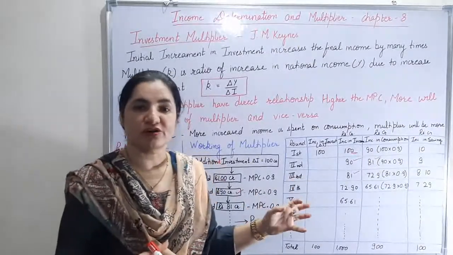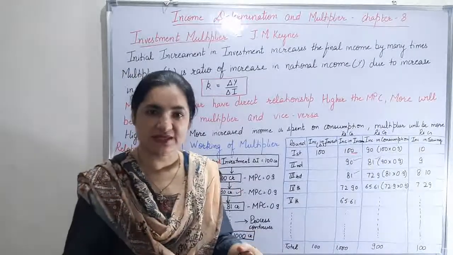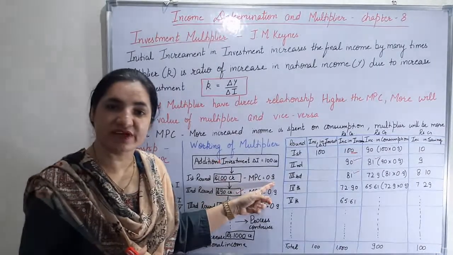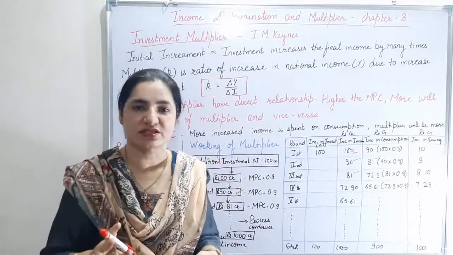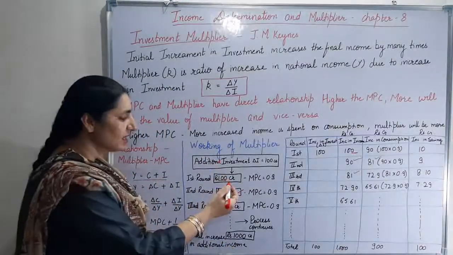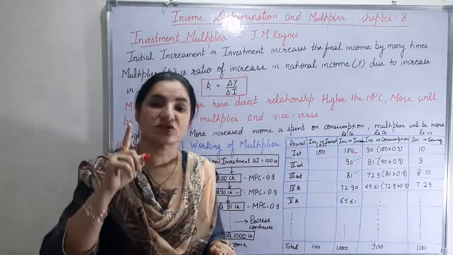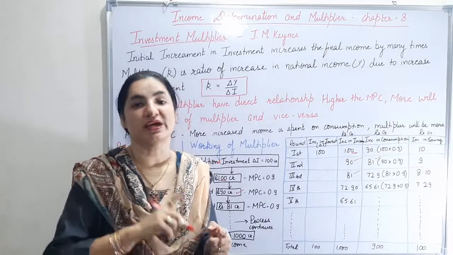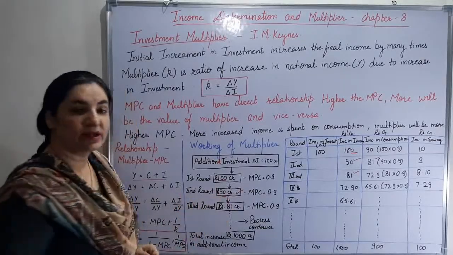Now people who are the recipients of this income consume 90% of it, because we are taking MPC as 0.9. So 90% of this income is consumed and 10% is saved. The recipients are consuming 90%, which comes to 90, and keeping in mind that the consumption of one becomes the income of another, this is happening here. Again 90 is the income in the economy.